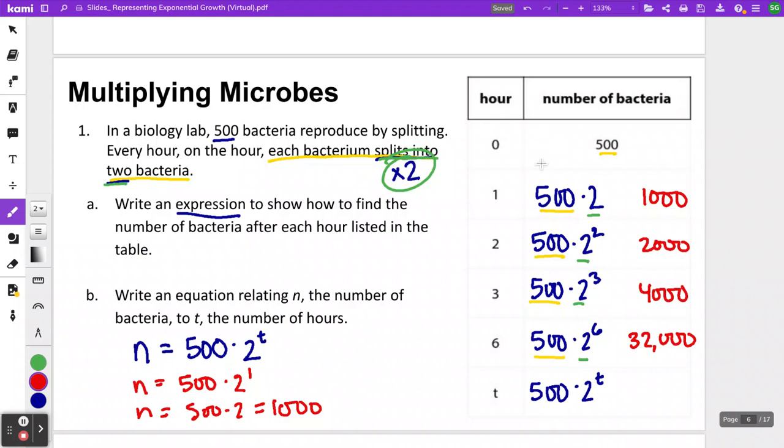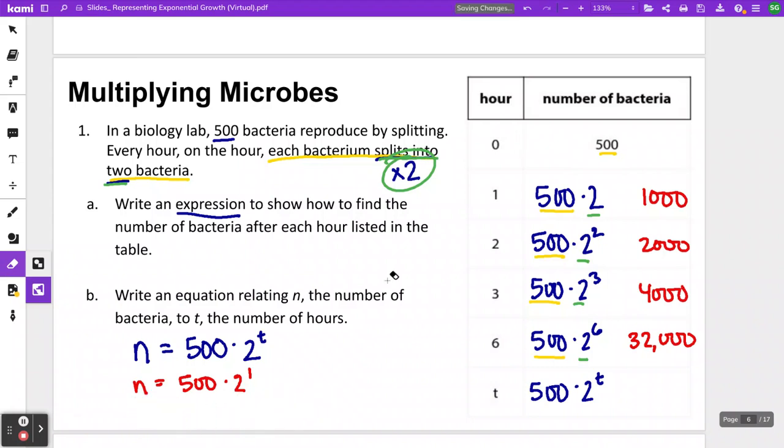The only thing in our table we didn't really write an expression for was that starting point. If I tried to use the equation we just wrote for hour 0, I would still have my 500 times 2, but now my hour t would be the number 0. That would be an exponent 0, which is why we started our warm-up today with exponent 0.